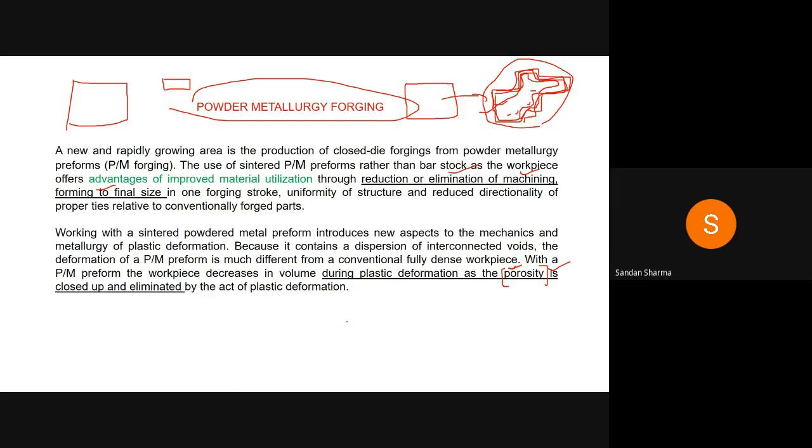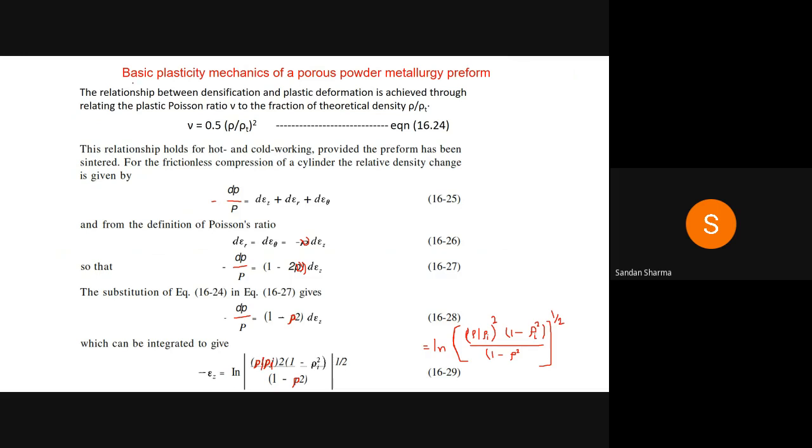Yes, sir. Then you can calculate. There are basic plasticity mechanics for porous powder metallurgy. This is the last part in this chapter. Here, the relationship between densification and plastic deformation is achieved by relating the plastic Poisson ratio nu to the fraction of theoretical density.